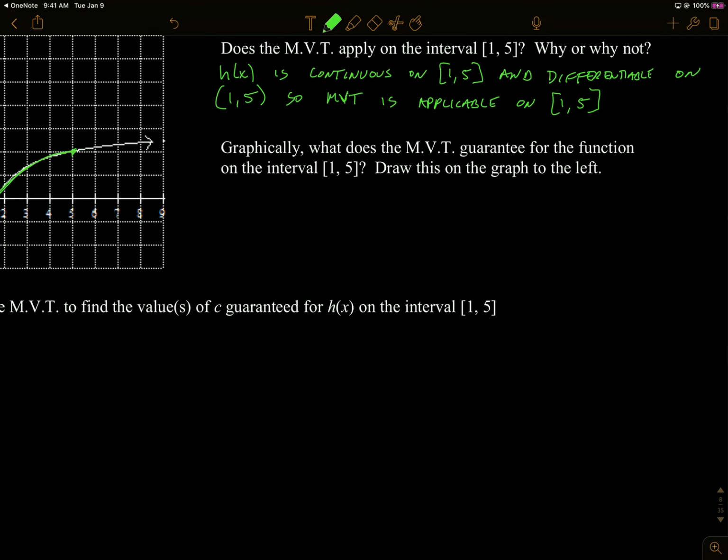Graphically, what does the mean value theorem guarantee for the function on the interval 1 to 5? Draw this on the graph to the left.